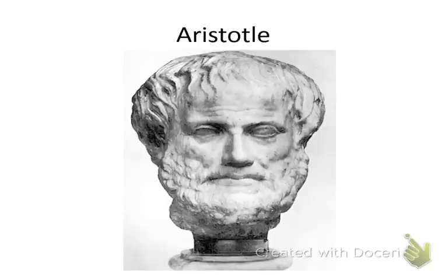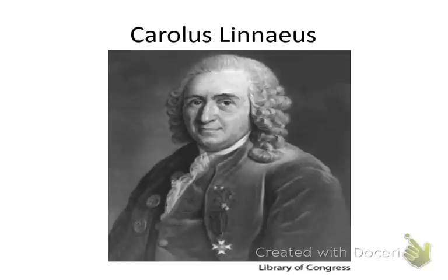Okay, Carolus Linnaeus came up with this organization system. He did taxonomy. It's the science of species classification. His system uses, circle the word binomial nomenclature. That means everything has two names. Example, Homo sapiens.